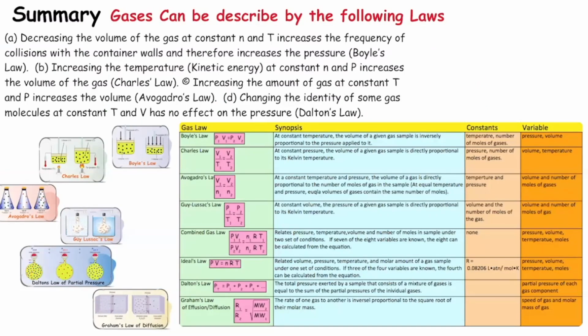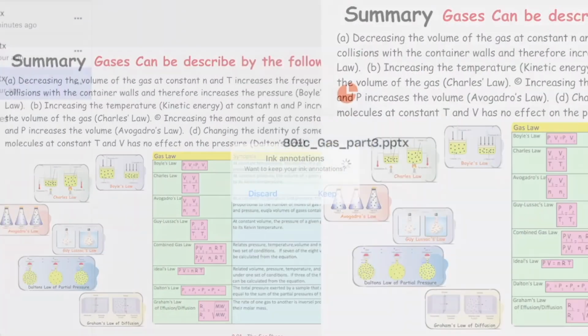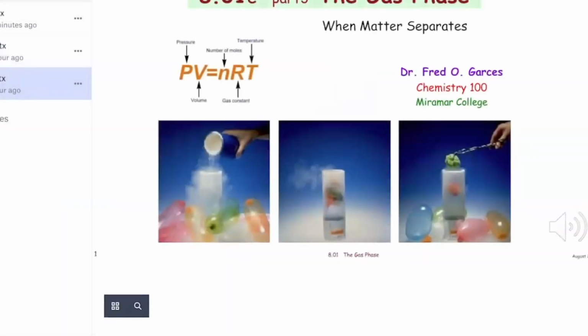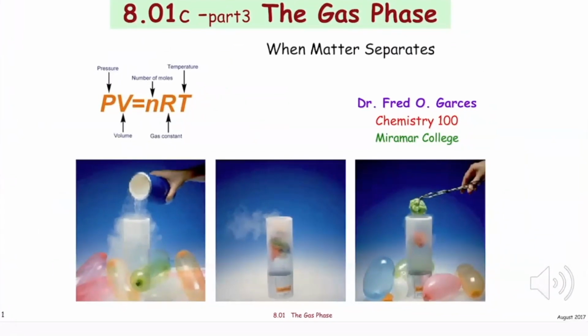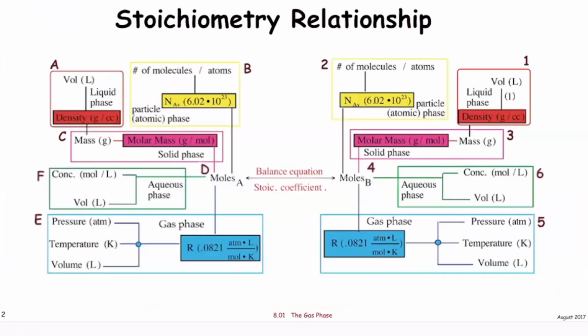The last thing I want to talk to you about, and this is just a summary, because I want to make sure that you understand how to use stoichiometry in gas laws. So I'm going to close this real quick. Gas laws using stoichiometry. I won't go deeply into it, but what I do want to show you is the stoichiometry map.